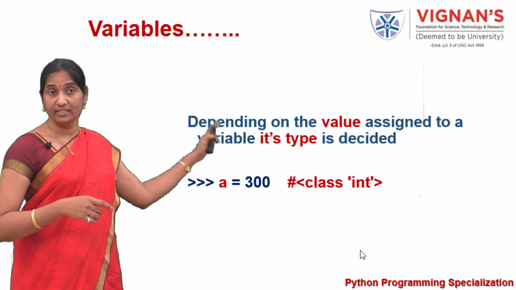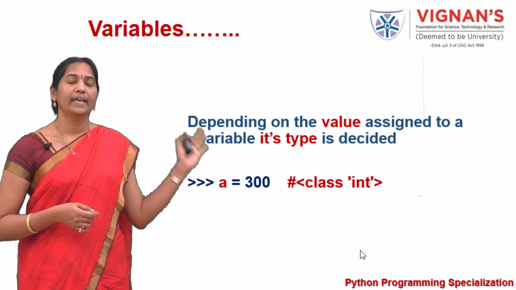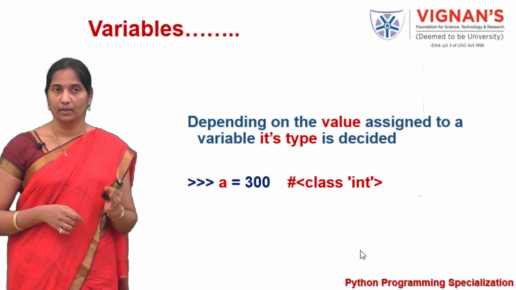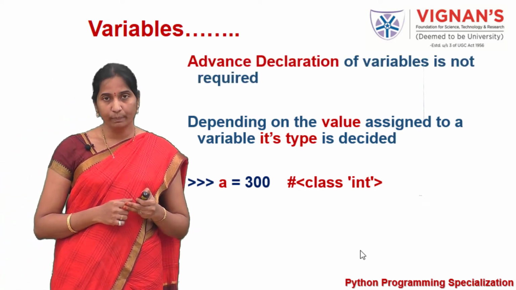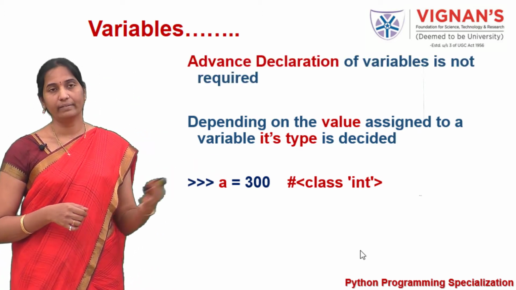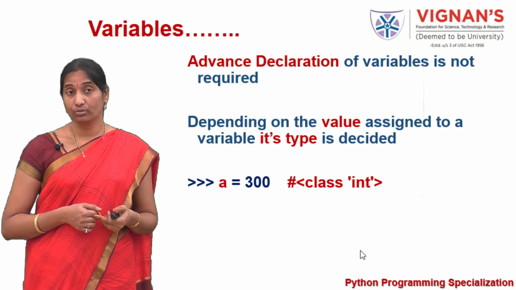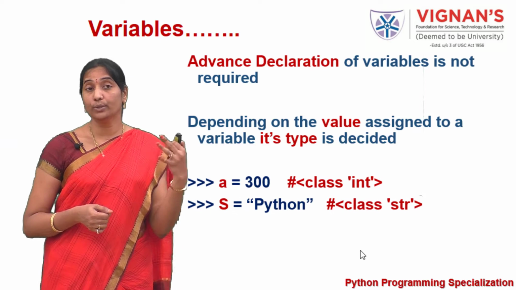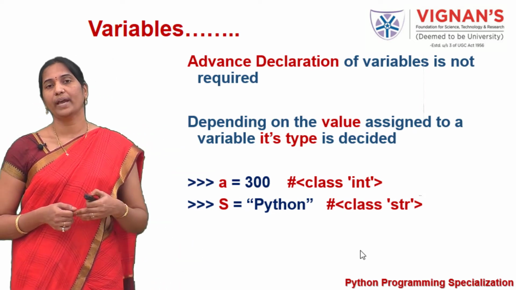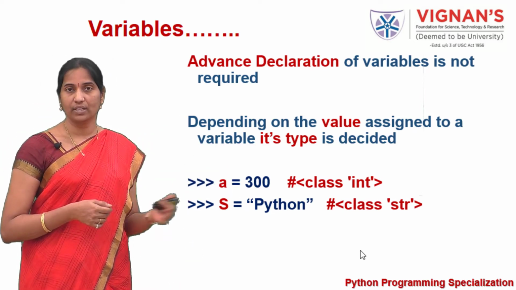Here 300 is assigned to a, so a is treated as an integer variable, and advance declaration of variables is not required in Python, whereas most other languages require advance declaration of variables. It is more convenient: as and when you want to use variables, you can straight away use them without any advance declaration.